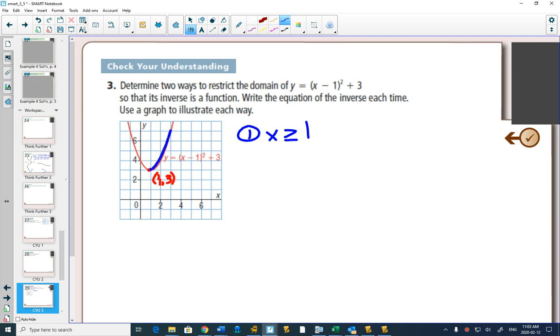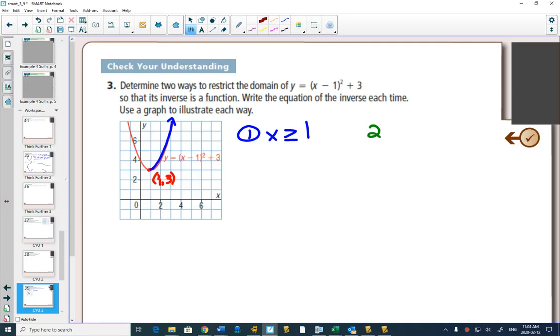Can you see that that would only be this half of the parabola? And if you only considered the blue part, it passes the horizontal line test. If I have the whole parabola, it doesn't. I could do just x is bigger than or equal to 1 as one way to restrict the domain.